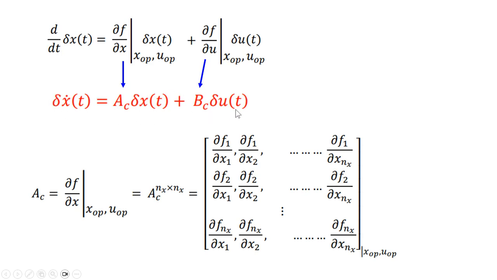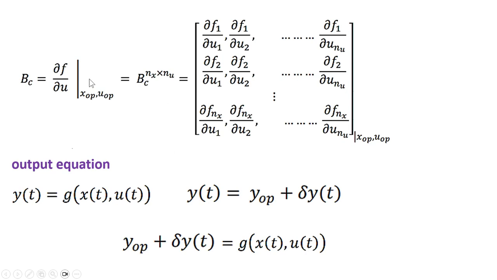Now let us also write the expression for AC and BC, and they are defined here. Since this f may be a vector because there is more than one state, we have to take the partial derivative for each of the f. In this example, we have nx number of f, so we have to take the partial derivative for each one of them with respect to each of the states as shown here. Thus, AC is a square matrix.